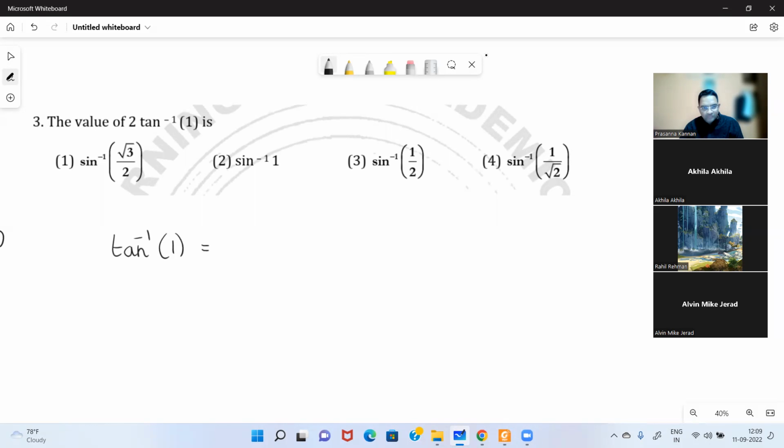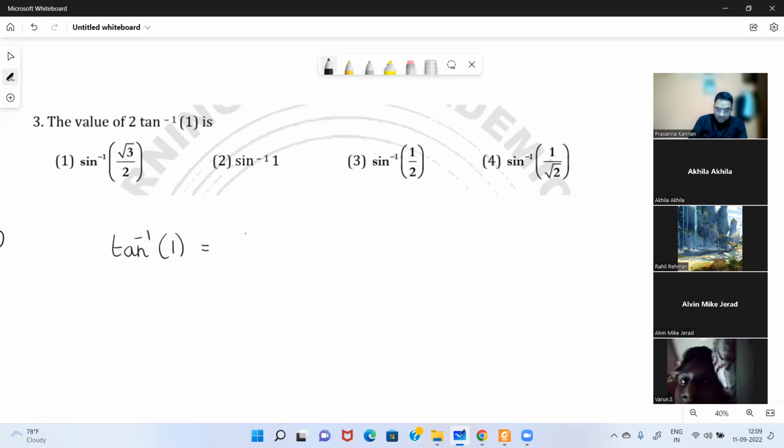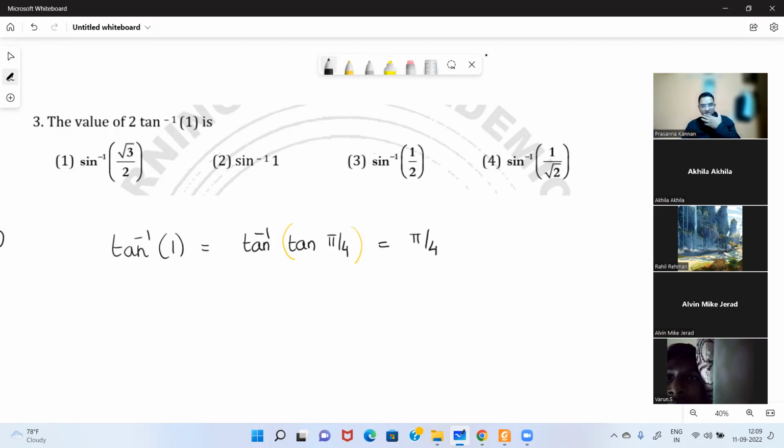Tan inverse of tan pi by 4. So tan inverse of 1 can be written as tan inverse of tan pi by 4. Tan cancels, so this will become simply pi by 4. Tan inverse 1 is going to be pi by 4.